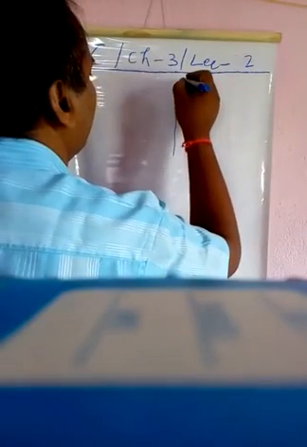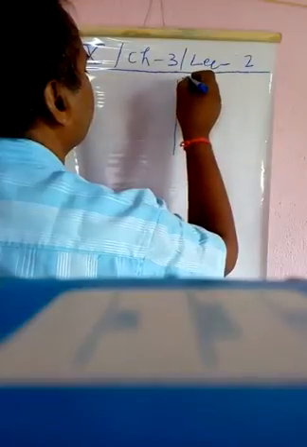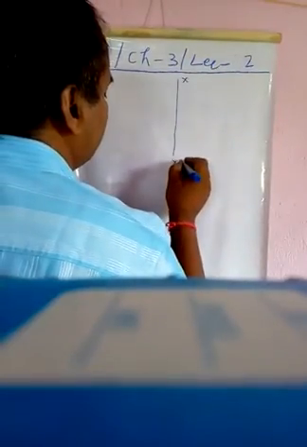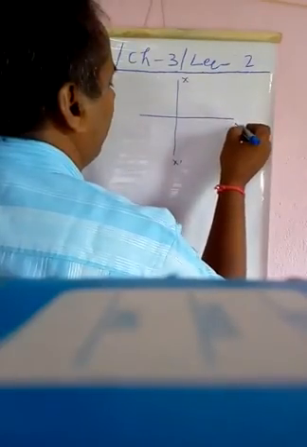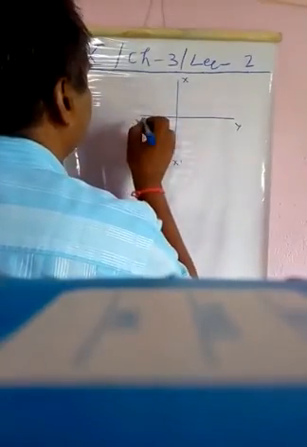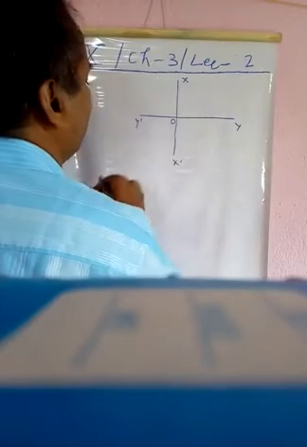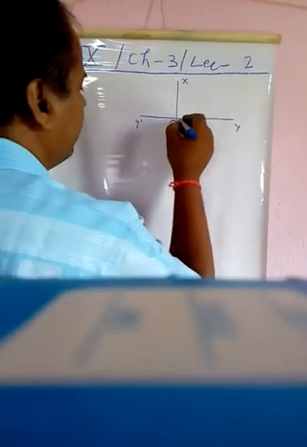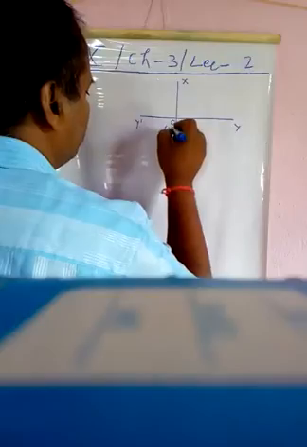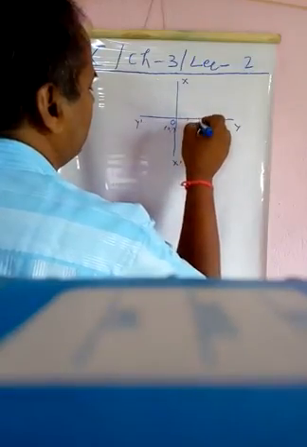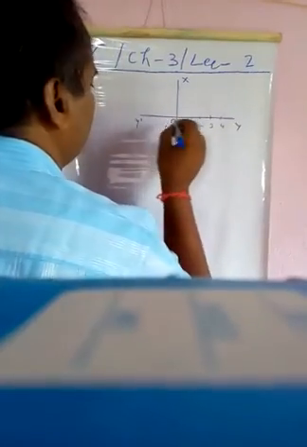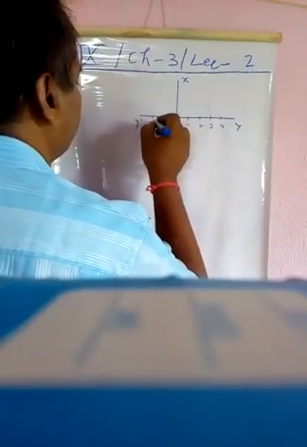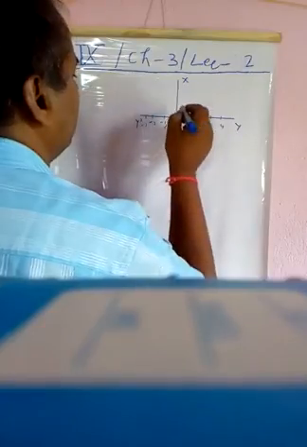This is x, and here it is x dash, and here this is y and this is y dash, and this is the origin O. You can put here 0, 0. Now here 1, here 2, here 3, here 4. So this is our number line, and this is -1, -2, and -3.